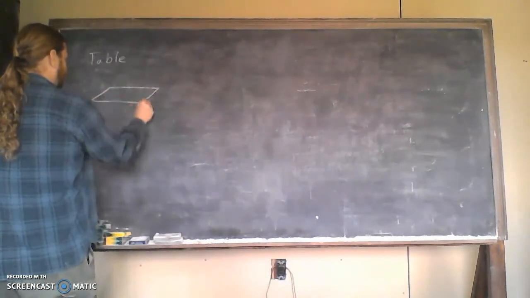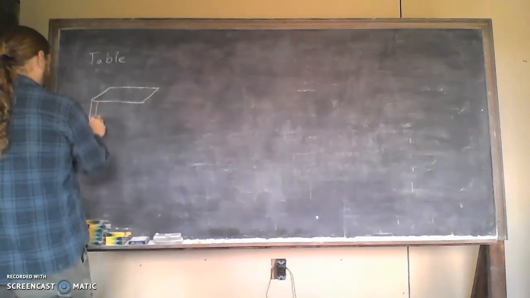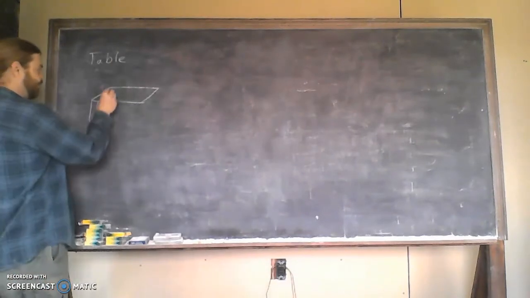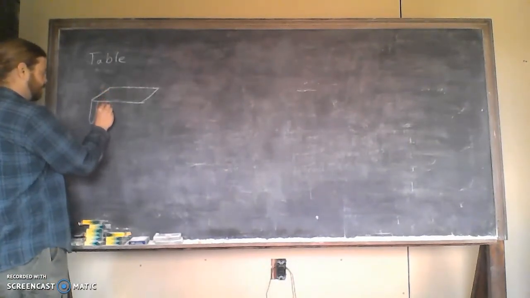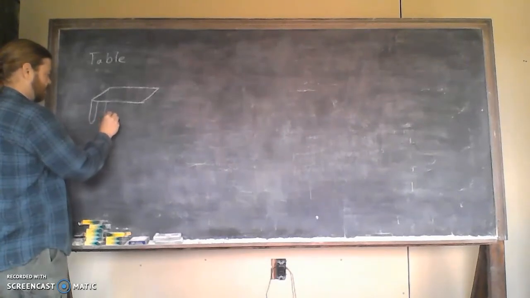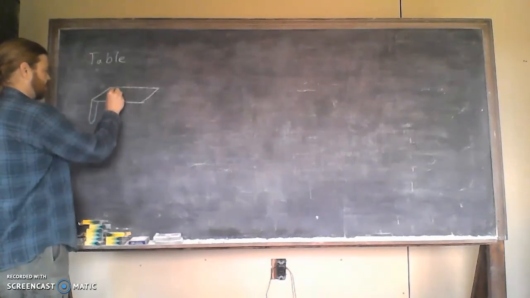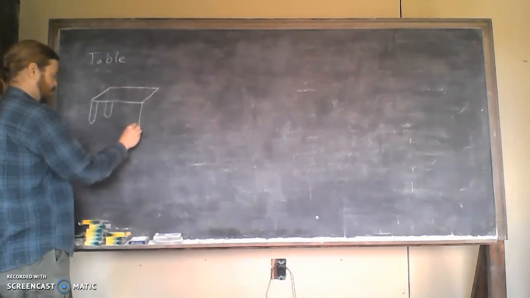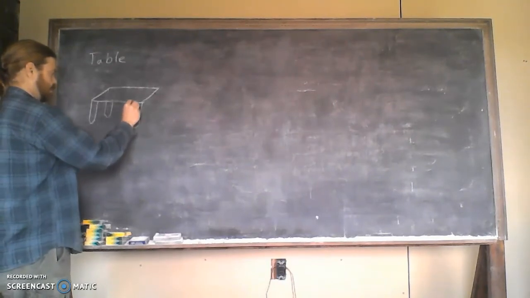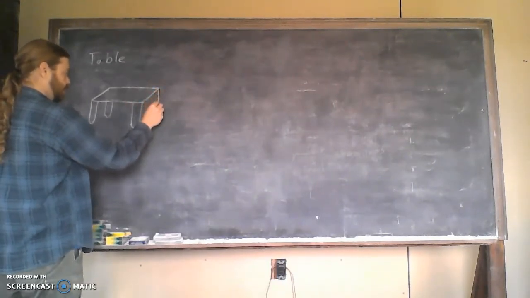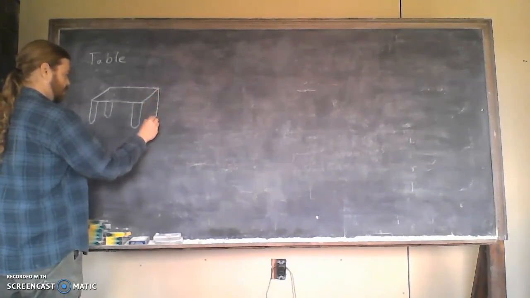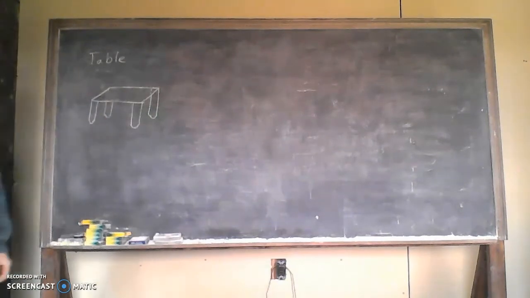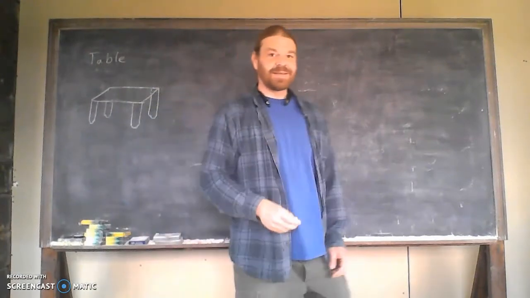We have the tabletop, not a real fancy table here, and a leg coming down, and then we'll have legs coming down in each corner, right? Something like that, just a basic table. Not the fanciest thing.